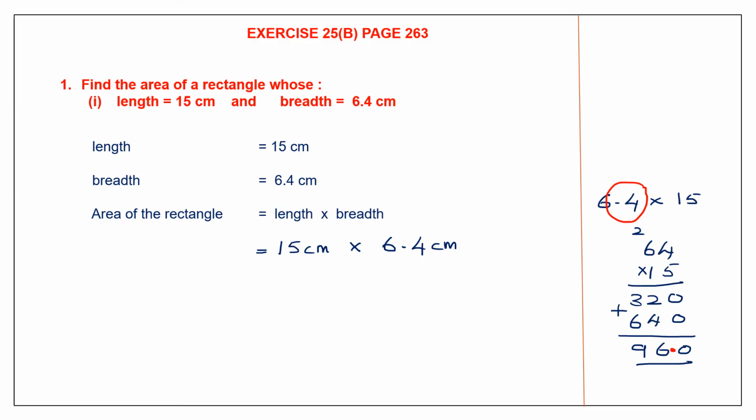So now we have got 96.0 or simply 96. Now area of the rectangle will be in square units. So since it is centimeter, here it will be centimeter square. So the area of this rectangle is 96 centimeter square.